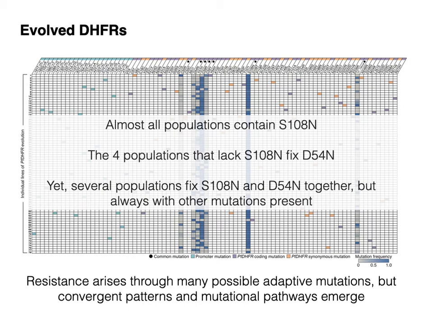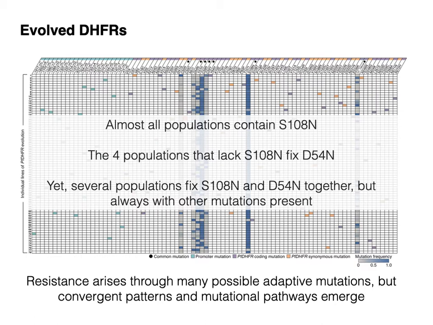For example, almost all populations contain the mutation S108N. At the same time, there are 4 populations, though, that lack S108N. These 4 populations all fix D54N, but there are also many populations that fix both S108N and D54N together, though always with other mutations present.